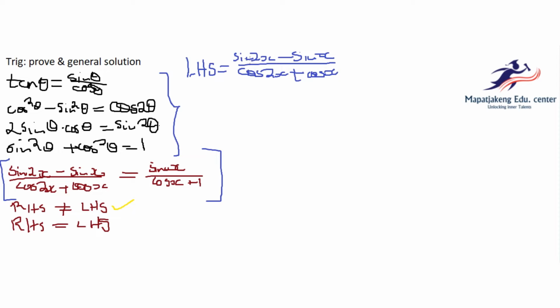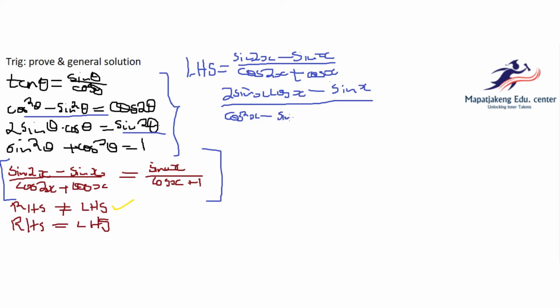Since you can see that this is sine 2x, we can replace sine 2x with 2 sine x cos x, minus sine x here, divided by cos 2x, which we replace with cos squared x minus sine squared x, and then plus cos x.